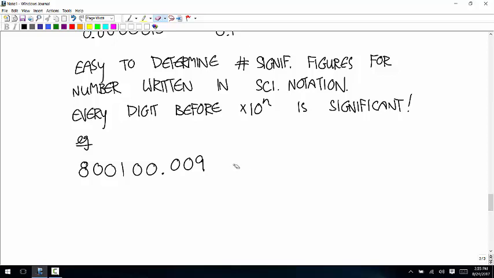But if you express this in scientific notation, you see that in order to write it in scientific notation, you have to write 8.001000009 times 10 to the 1, 2, 3, 4, 5. In order to give the same number, you have to write it like this. And now you know that all of those are significant. So 1, 2, 3, 4, 5, 6, 7, 8, 9 significant figures.